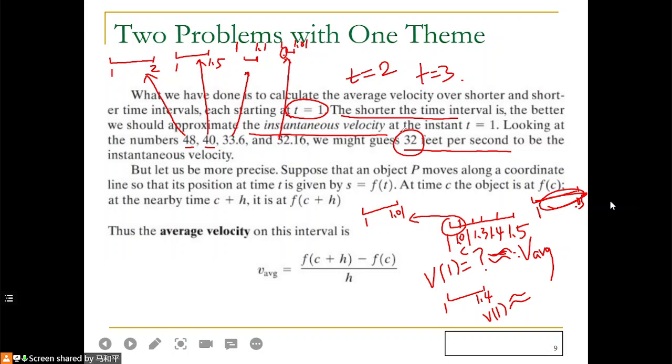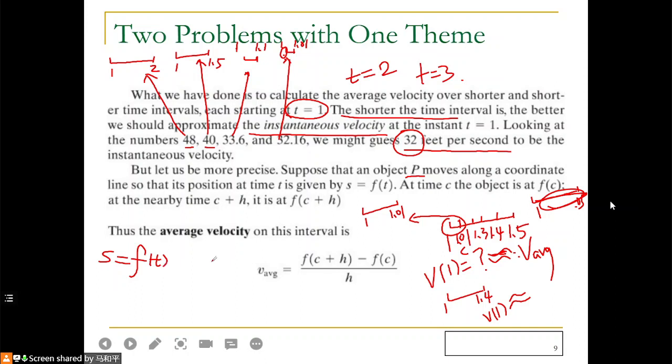So this gives us an idea how to calculate the instantaneous velocity. First, we should calculate the average velocity. P moves along a coordinate line so that its position at time t is given by f of t. At a special time like 1, we find a general number c.